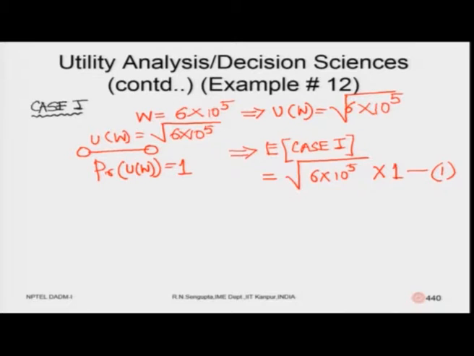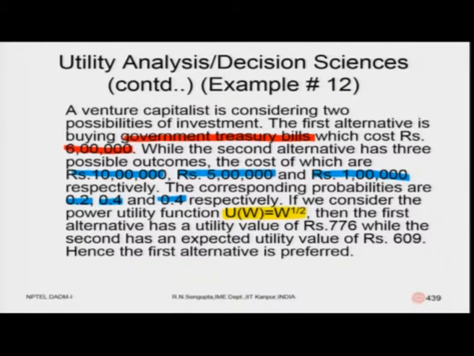That value, let me mark it here, this is the first alternative which comes to 776. You can do the calculation. Find the square root of 6 lakhs and that will come out to be 776. So, the first part is done.